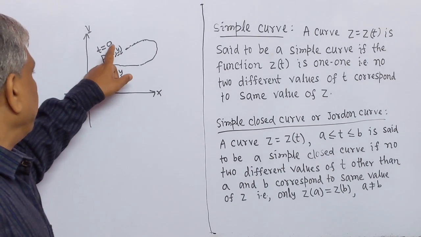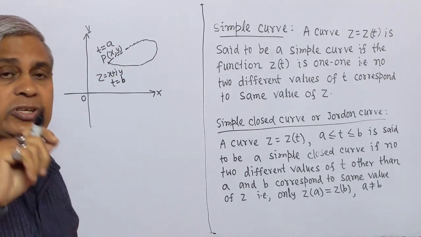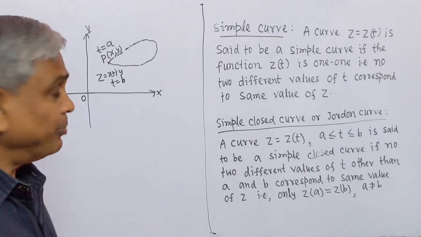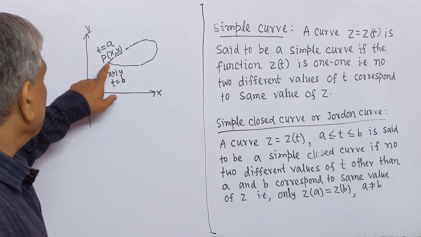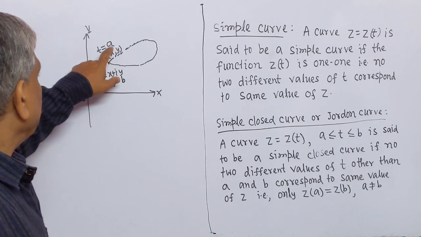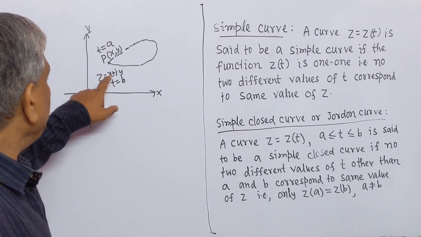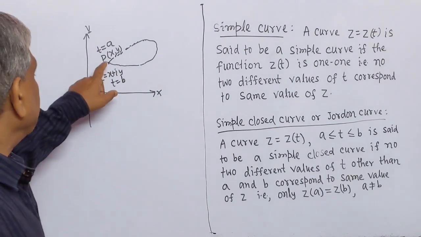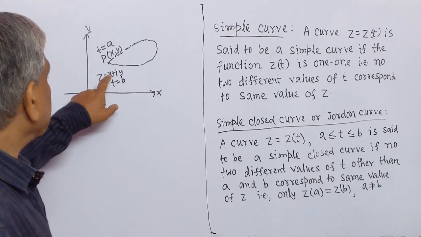Here a is not equal to b because the starting time is not equal to the final time, and we see that at the starting time t equal to a, z equal to x plus iy, and at the final time the value of z is x plus iy.